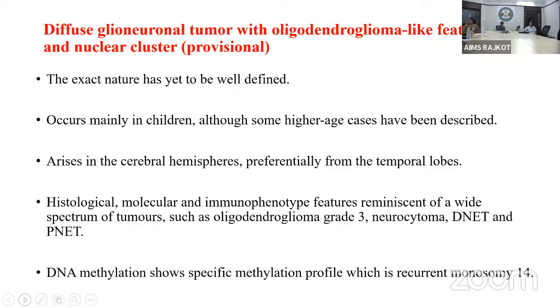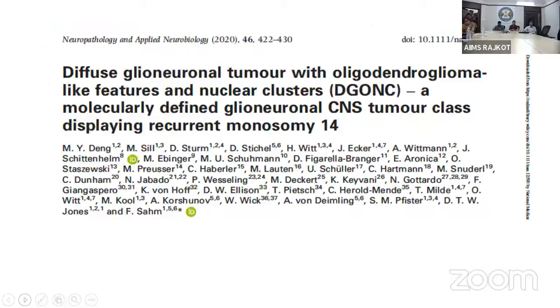So diffuse glioneuronal tumor with oligodendroglioma-like nuclear features. These tumors occur mainly in children, although higher age groups have been described in the literature. They most commonly arise from the cerebral hemisphere, most commonly in the temporal lobe. The DNA methylation study shows a specific recurrent monosomy of chromosome 14.